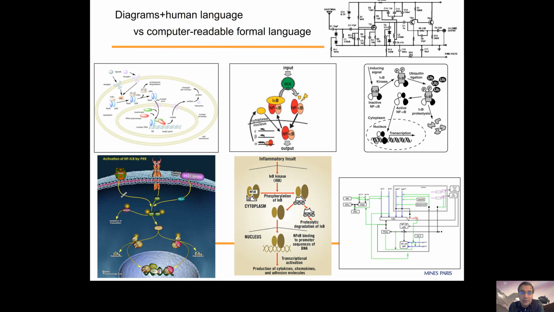Unfortunately, when we read biological publications, we have these small pieces of art describing different fragments of these biological networks in the form of diagrams. But in reality, you have to decipher these diagrams in order to understand what they represent. In the electrical engineering field, they have a common language for describing electrical circuits.